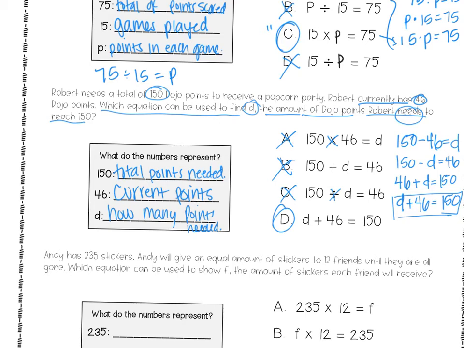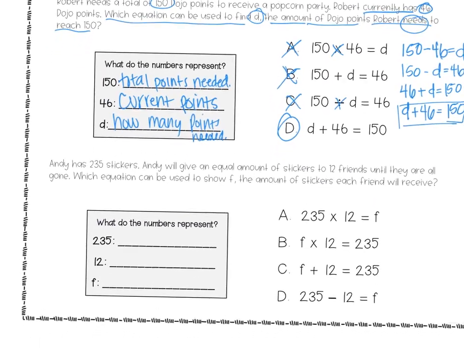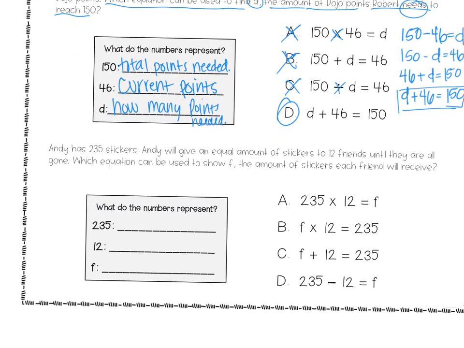So now we're going to look at the next problem. It says Andy has 235 stickers. Andy will give an equal amount of stickers to 12 friends until they are all gone. Which equation can be used to show F, the amount of stickers each friend will receive?